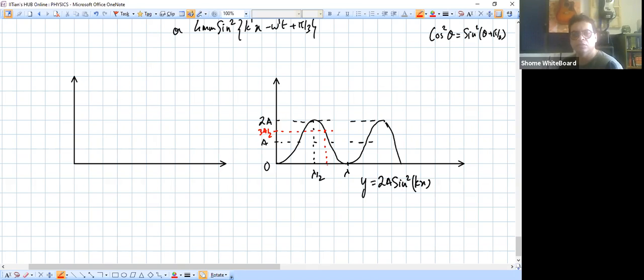So here it's okay. So this would be lambda by 3.